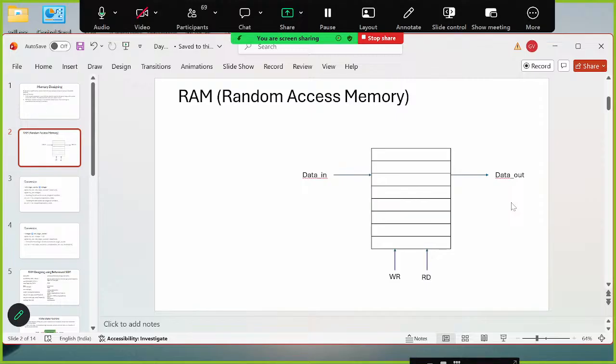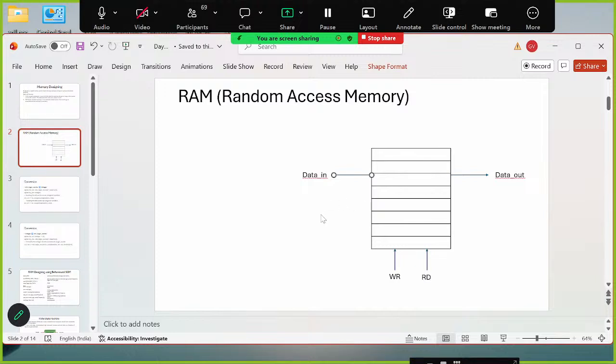We need select line for selecting the specific location or a register, we can say, where whatever data that is present over here should be written. This is the use of memory.